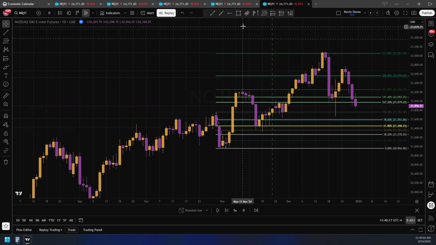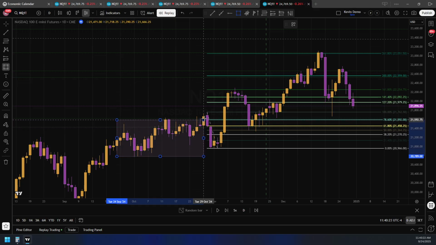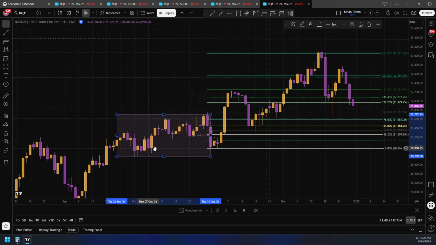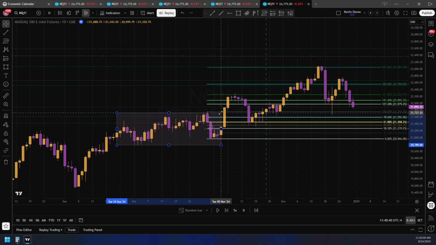So right here, you notice this is kind of sideways. This is all sideways, right? So we think of this also like, again, I said it's all fractal accumulation, manipulation, distribution type stuff. So if we look at this as the accumulation, this right here, manipulation.